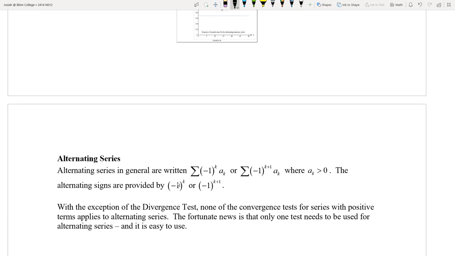The important thing is that alternating signs are provided by this particular bit, and it must be strictly alternating, which means it always must be positive, negative, and so on, or negative, positive, and so on. So anything we talk about when we're talking about alternating series has to follow one of these patterns, and that's provided by this -1 to a power.